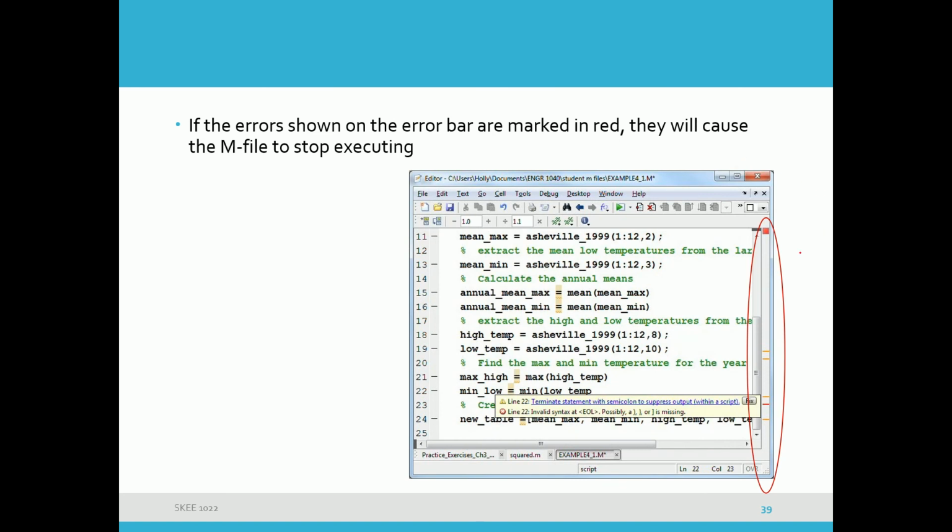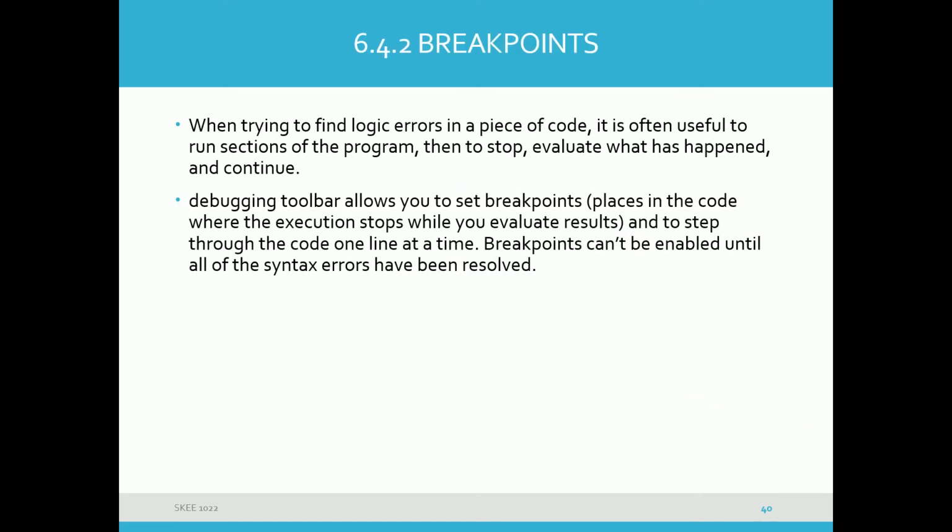But if the error is marked red, you have to fix it. Without fixing the red error, you cannot run the program. You can see here a syntax error, possibly missing something. So this one you have to fix.